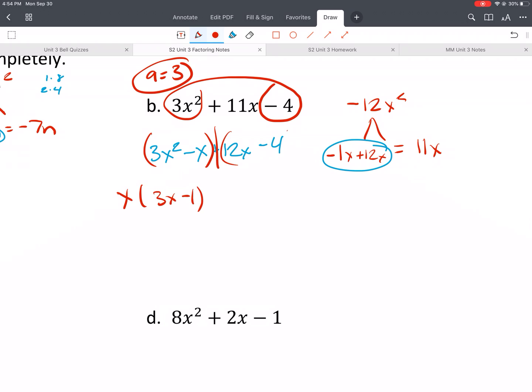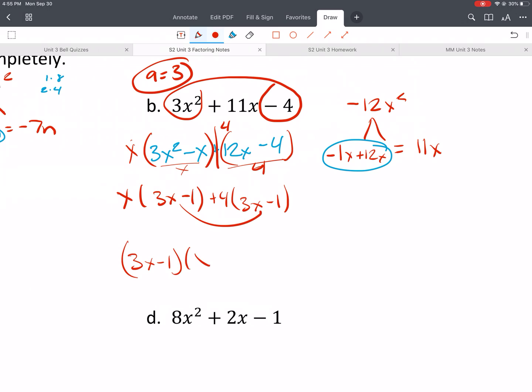Here we can factor out a 4, so we'd have plus 4 times 3x minus 1. Again, they're the same: 3x minus 1, and then x plus 4.